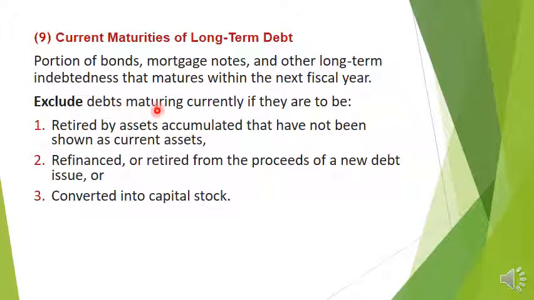Exclude debts maturing currently if they are to be retired by assets accumulated that have not been classified as current assets, refinanced, or retired from the proceeds of a new debt issued or converted into capital stock.